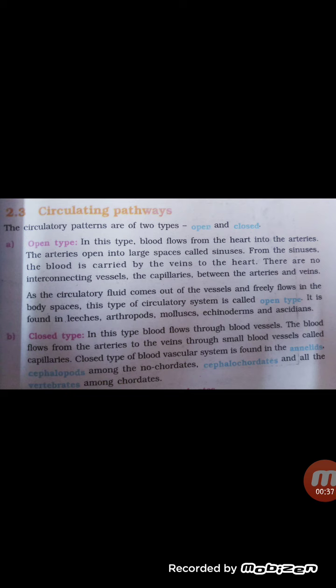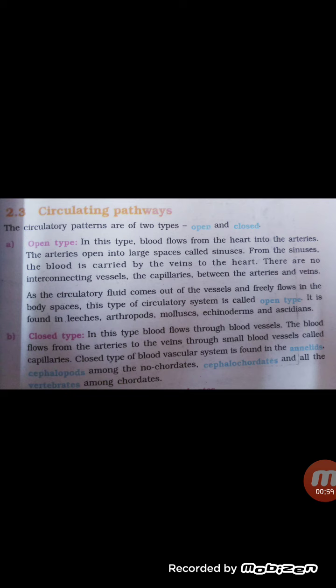The circulatory patterns are of two types, open type and closed type. Open type: in this type, blood flows from the heart into the arteries. The arteries open into large spaces called sinuses. From the sinuses, the blood is carried by the veins to the heart.